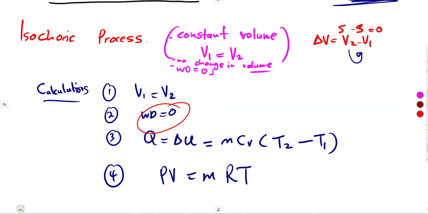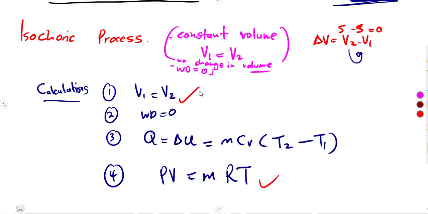We're talking about the work done, but we talked about this before. So meaning to say any formula can be used where V1 is equal to V2. Go back to the volumetric change of gases and consider other formulas that we talked about there.